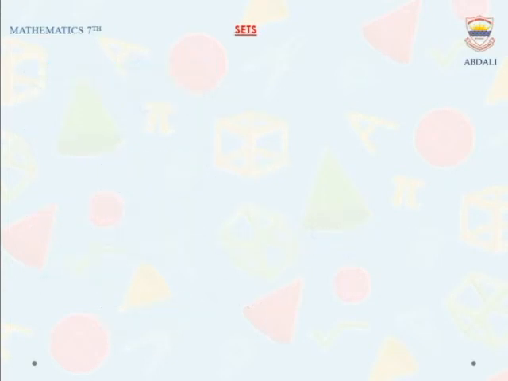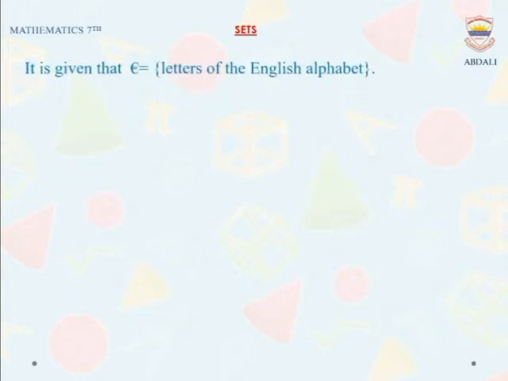Now let's move to the questions. It is given that the universal set equals the letters of the English alphabet, which means in this complete question we will talk about English alphabet letters. Okay, because our universal set contains only the letters of the English alphabet.